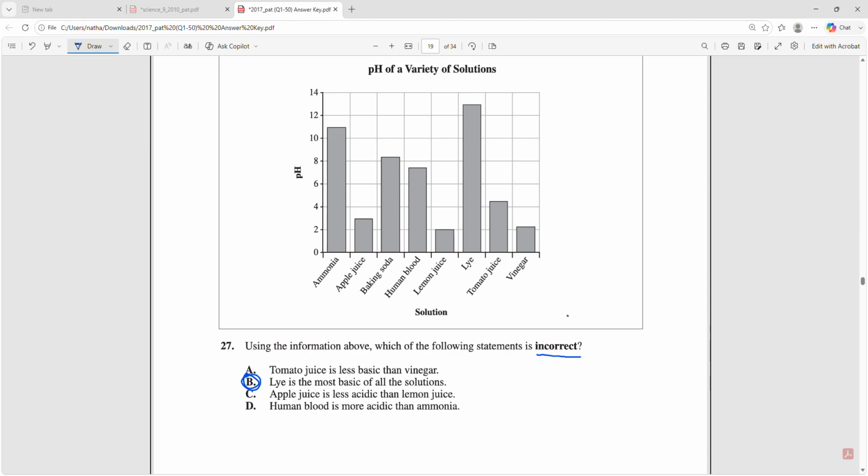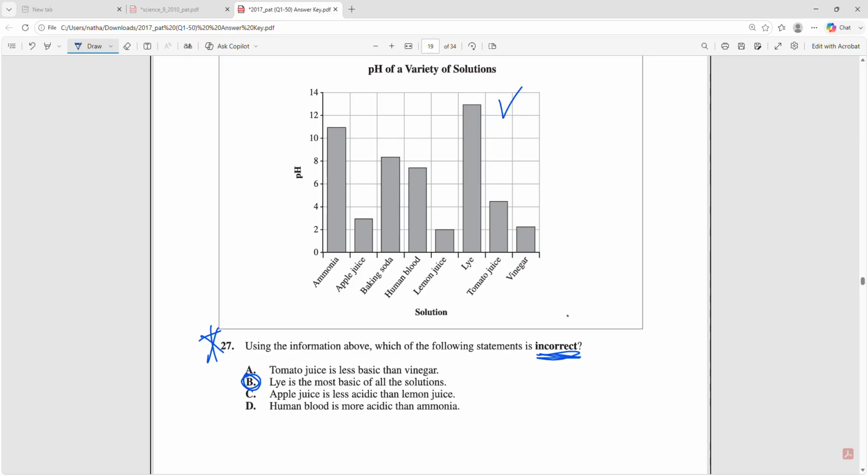Let's find, hang on. Using the information above, which of the following statements is incorrect? Lye is the most basic of all solutions. Well, actually, it is. That's correct. So we're looking for the incorrect solutions. Looks like there's a mistake here. Okay, let's just go through these all then. Must have been another late night.